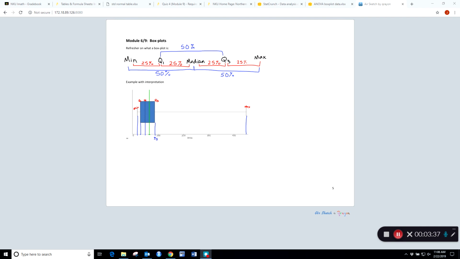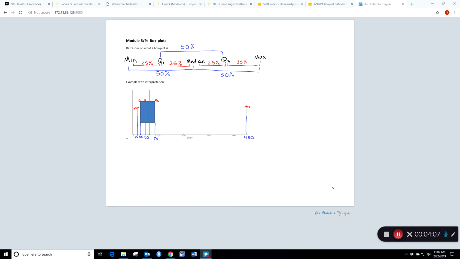This median here looks to be pretty close to halfway between 0 and 100, so I'm going to say that's 50. My Q1 here, I'm going to say is about 25. And then the min here I'll say is about 15. My max is quite big. It's bigger than 400 here. I'll estimate that to be about 430.